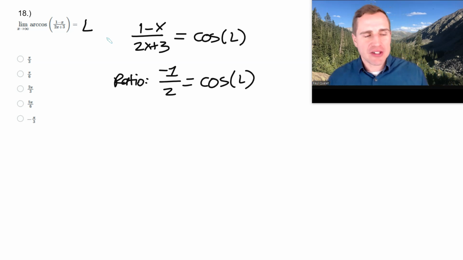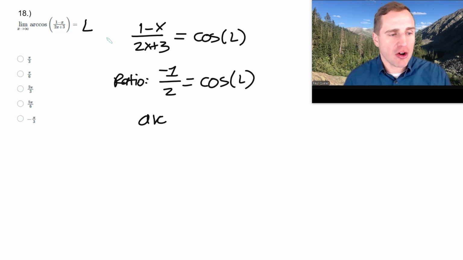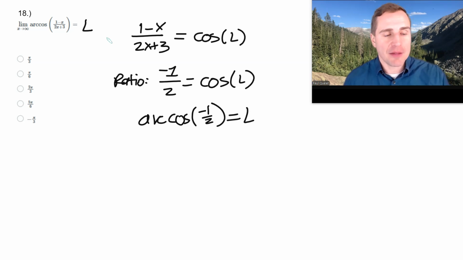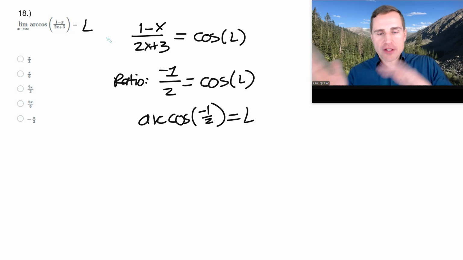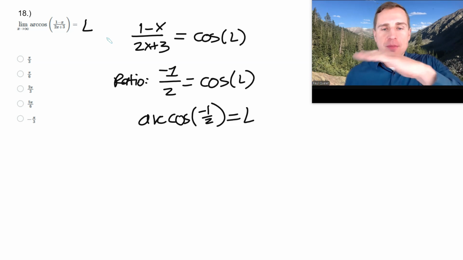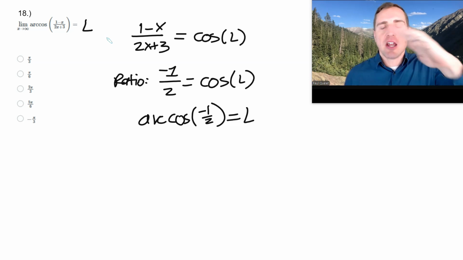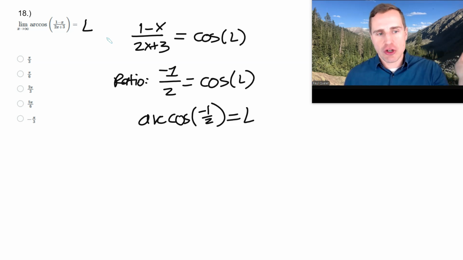Well, then we just need to solve that. So we need to say the arc cosine, same thing as inverse cosine, of negative 1/2 gives us this limit L. Now remember, arc cosine has a certain range for its function. I think it's defined between 0 and pi, in other words, quadrants 1 and 2.